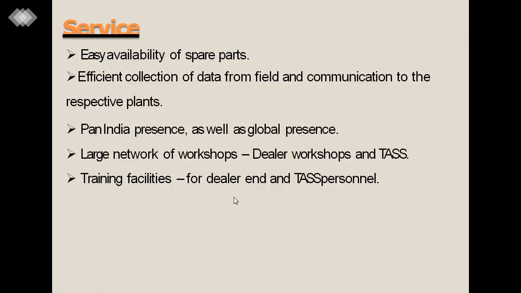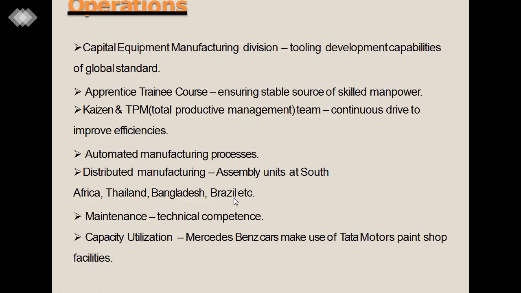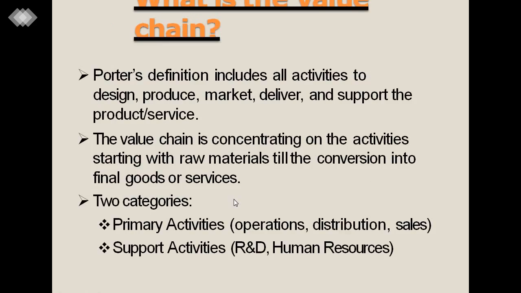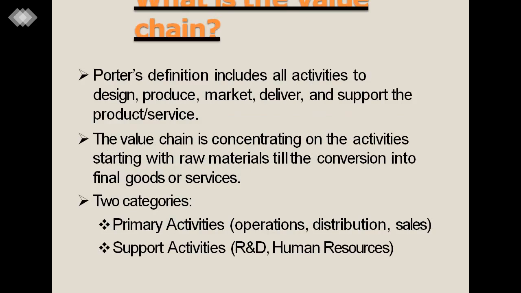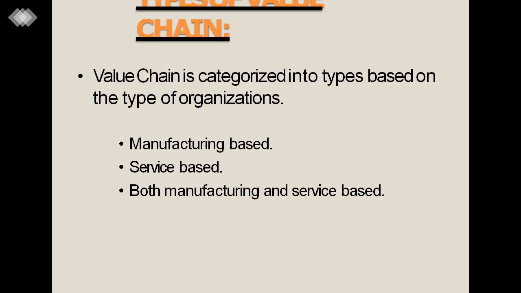So in this slide we have covered some supportive activities, sales, marketing, inbound. Firstly, we covered what a value chain is and what value chain analysis is. We have learned about the value chain and the types of value chain activities.